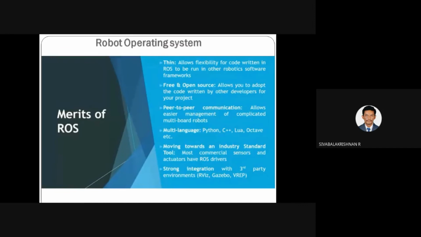You can make communication between those processors. So you can have multiple board communication for developing a robotic application with the help of the robot operating system. That is possible with peer-to-peer communication. That communication happens in terms of messages, under the name of topics. These are terms widely used when discussing the robot operating system.